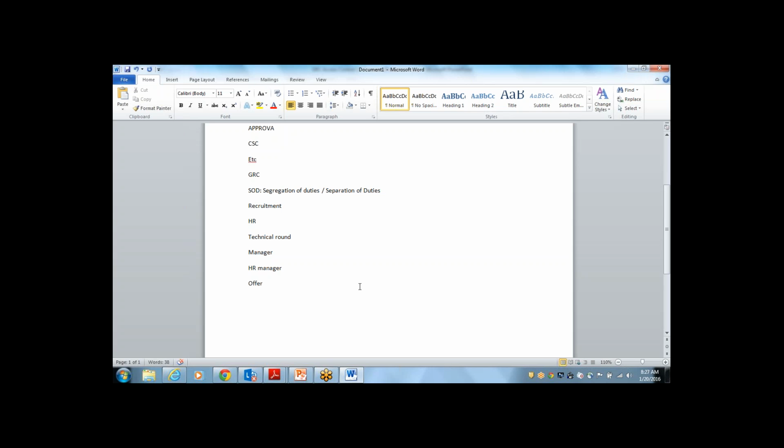The business will be very smooth and the risk will be very low. I cannot say 0%, but the risk will definitely be low, because in a few cases the client may not accept each and every rule designed by SAP or GRC. We'll discuss that slowly later. So this is the segregation of duties concept.